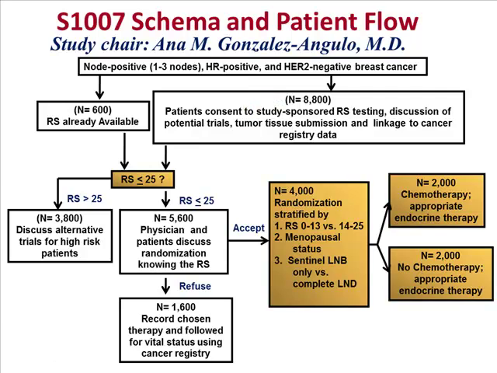If their recurrence score is less than 25 and they agree, they are then randomly assigned to receive chemotherapy or not. They all get appropriate endocrine therapy. That study's been open now for about 2 years. It's accruing faster than we thought it would, so we're quite pleased.